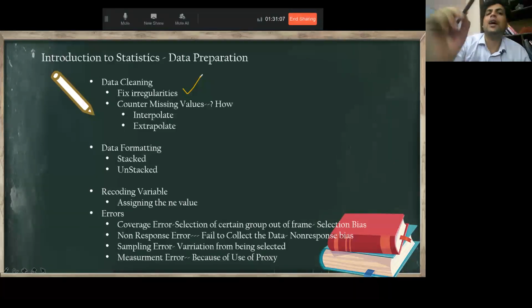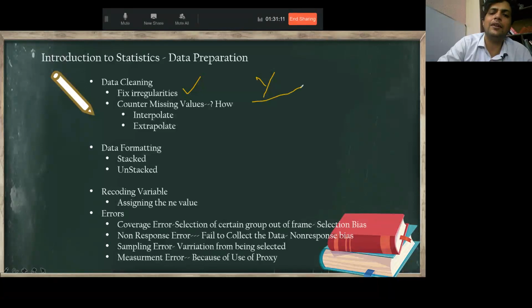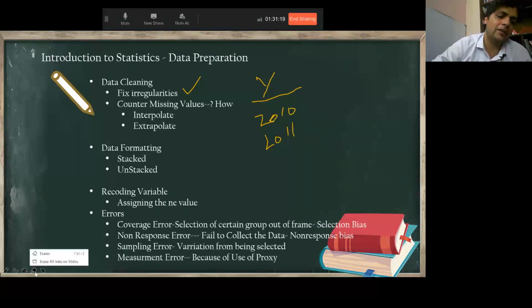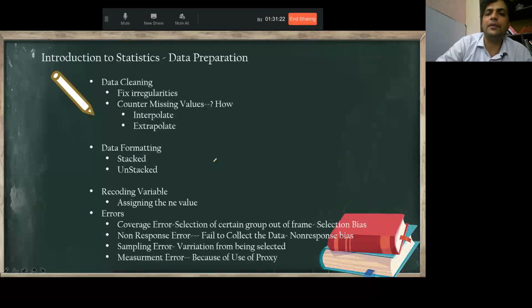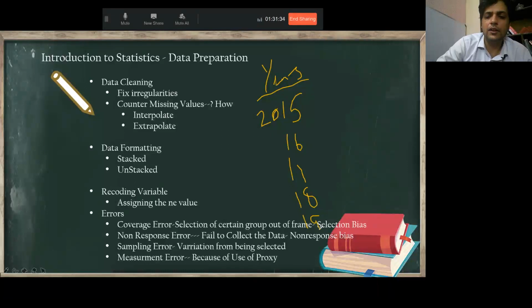Sometimes you have data, let's say from 2010, 2011. Okay, now I'm not going to start from 2010 because I don't have space. So the years are 2015, 16, 17, 18, 19, 20.